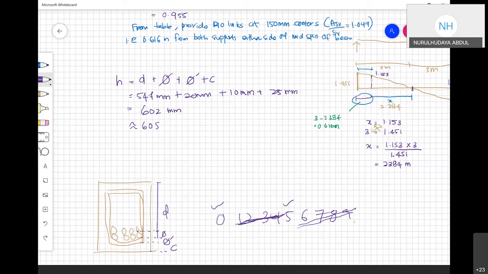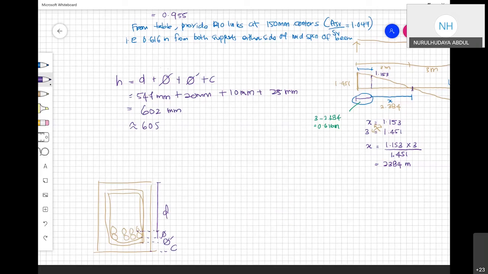So H, remember whatever appear outside, make it round up, sama ada jadi 0 ataupun 5. Jangan round up nombor pelik-pelik lah. Itu saja. After that kita dah dapat H.